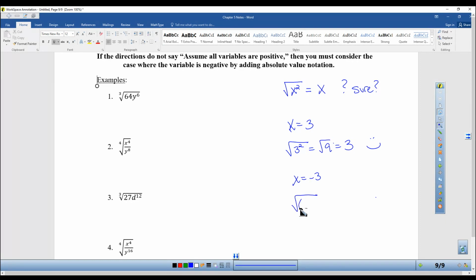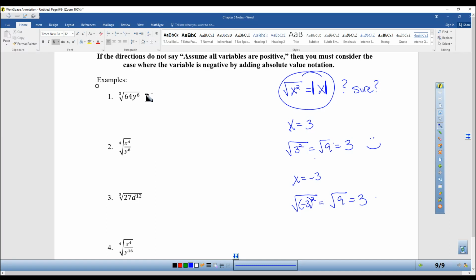The square root of negative 3 squared is the square root of 9, which is 3. Was the square root of x squared back to x? No, it wasn't. It was back to positive x. So the technical definition is this: the square root of x squared is the absolute value of x.